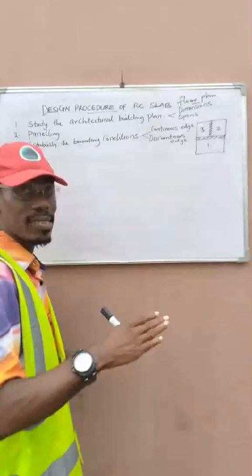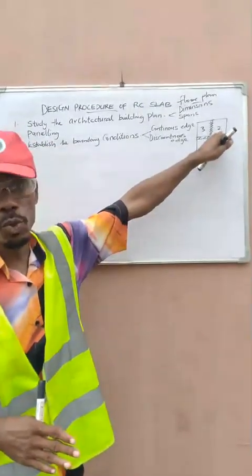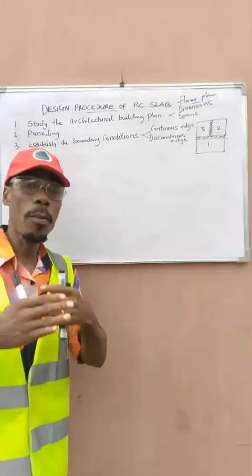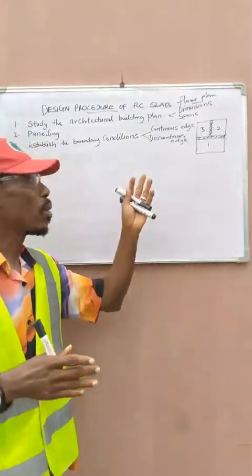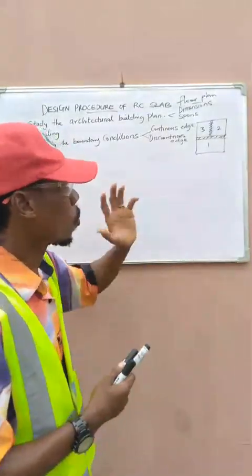So there is a case that satisfies panel 2, and by the time we talk about the moment coefficient table, that is where this will come into play. As we progress, we'll get to that, but I want you to understand this.